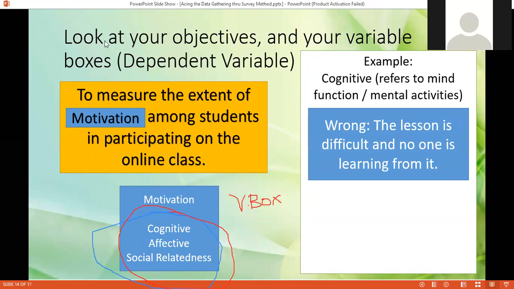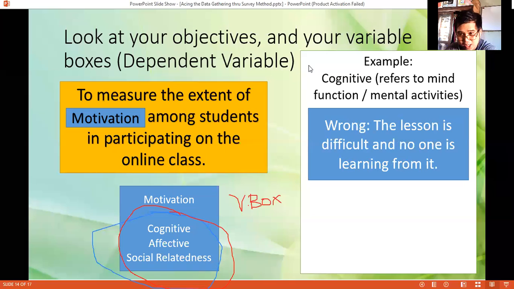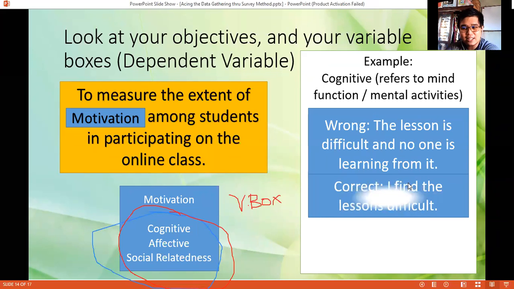Thank you. So we have another one: the lesson is difficult and no one is learning from it. This is a very wrong statement because there is already a bias assumption from the researcher. Instead, you can divide it into 2 sentences. The first one is, I find the lessons difficult.